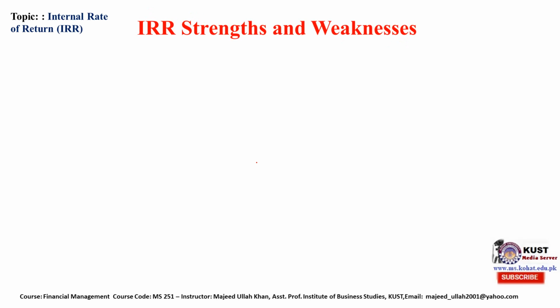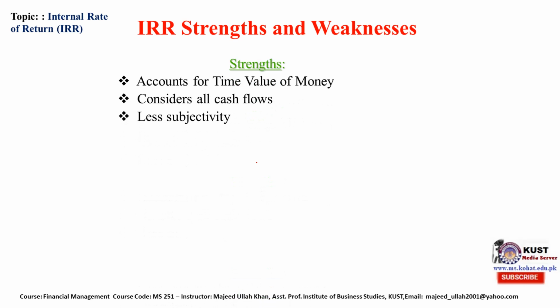What are the strengths and weaknesses of the IRR? The strength of IRR is it accounts for the basic concept of finance, the time value of money. It uses time value of money. Second strength is it considers all cash flow.